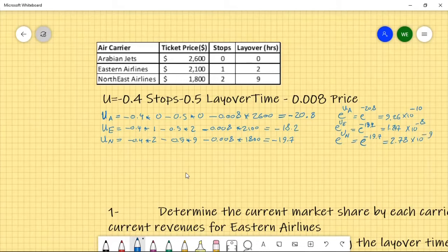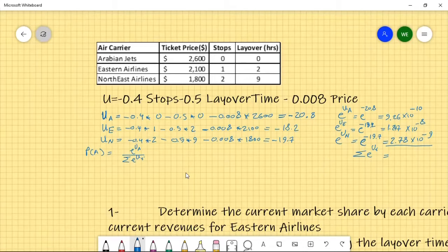So the percentage for the first carrier, PA, is basically e to the power UA divided by the summation of e to the power UI. Let's just calculate the summation. The summation of e to the power UI equals this plus 1.247 times 10 to the power minus 8 plus 9.26 times 10 to the power minus 10.